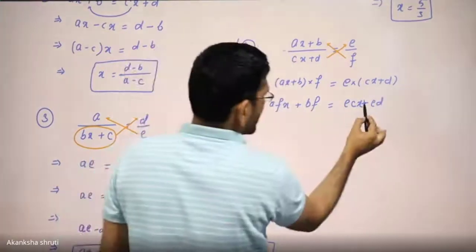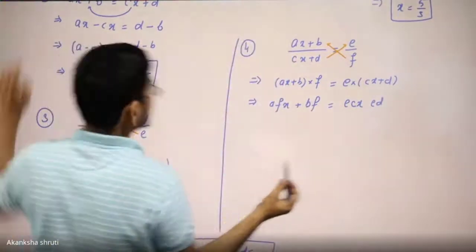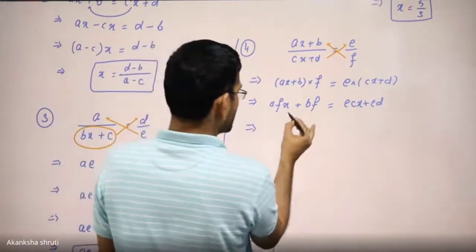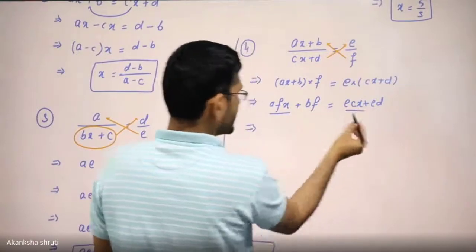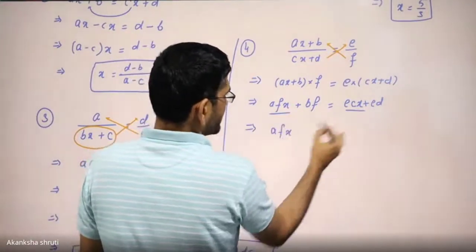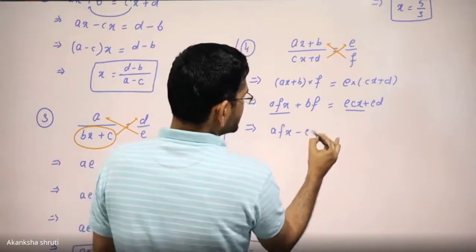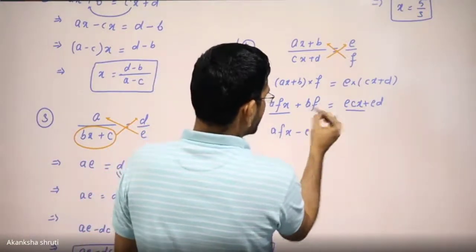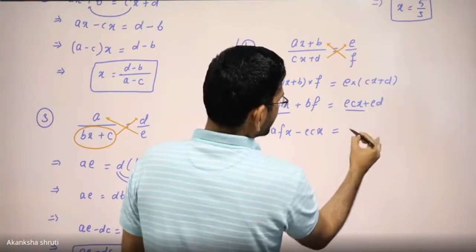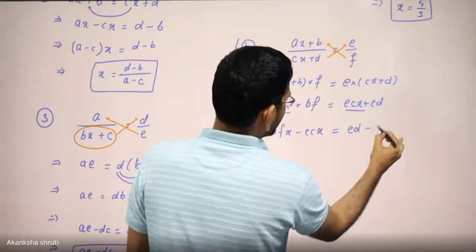These are obtained after removing the bracket. Students, ultimately we have to apply the same rule. x is here, x is here. Bring all the x together: afx minus ecx, and this bf will go on the right hand side of this ed. So ed minus bf.